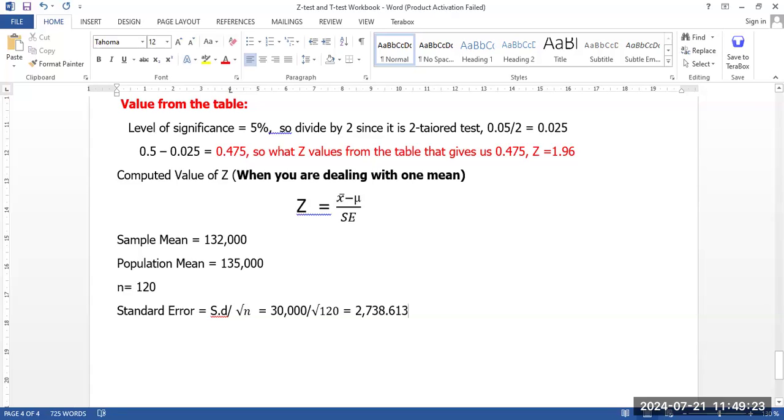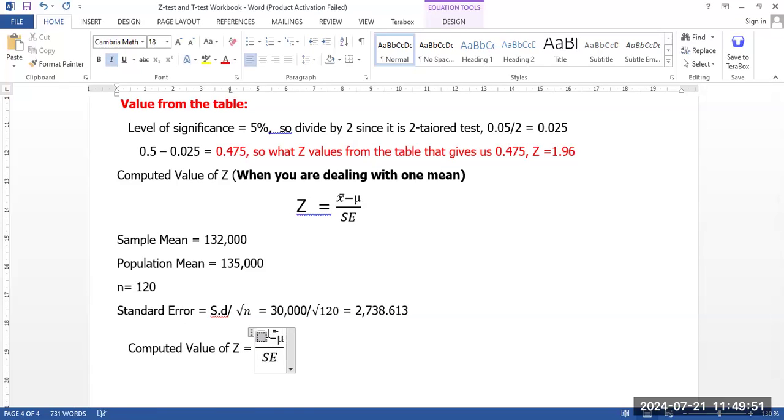Substitute in the formula and get the computed value of Z, which is equal to the sample mean, 132, minus the population mean, 135, divided by our standard error, 2738.613.